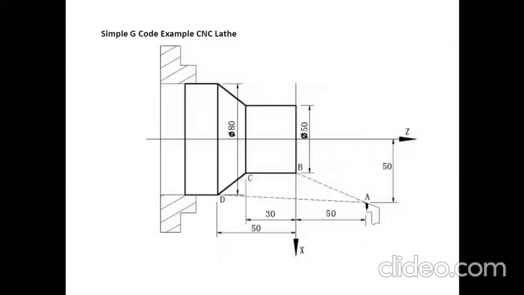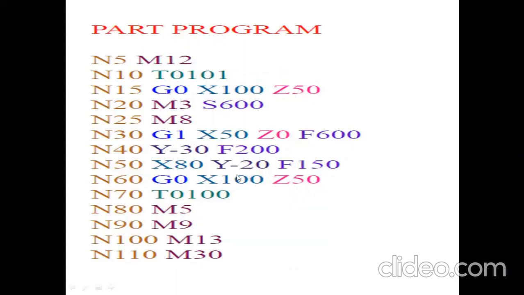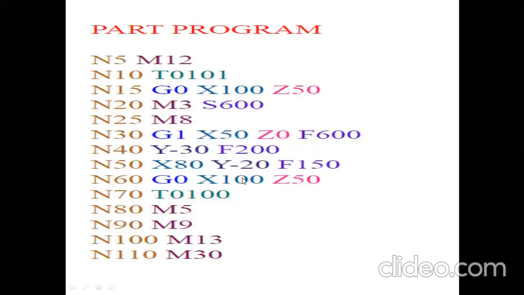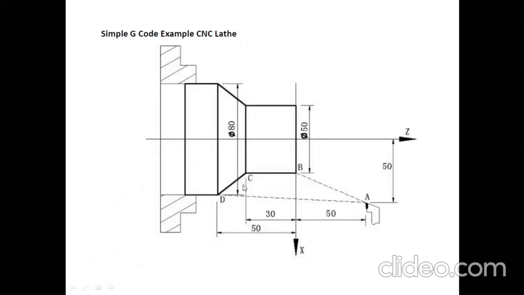From point C we have to cover the taper distance, from C to D. Now observe this distance along the Z axis: 50 minus 30 gives a 20 value. So it is represented by Z minus 20.